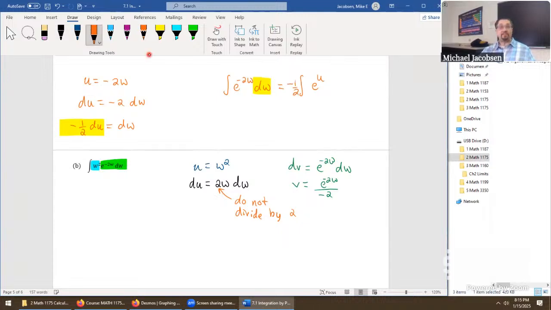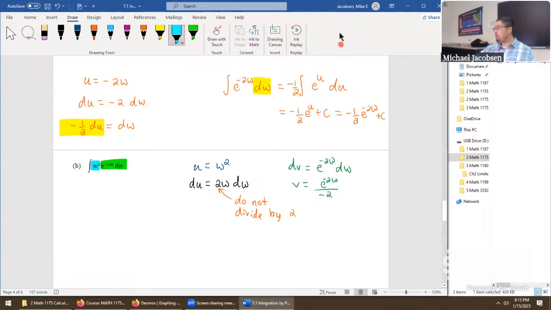You could put the -1/2 in front since it's just a constant. du goes in, I even highlighted that to help me out, but at this stage, we're just about done. We get -1/2 e to the power of u plus a constant equals -1/2 e to the power of, that was meant to be a u, let me fix that there, and we throw in this -2w plus a constant. So that's the long forward process.